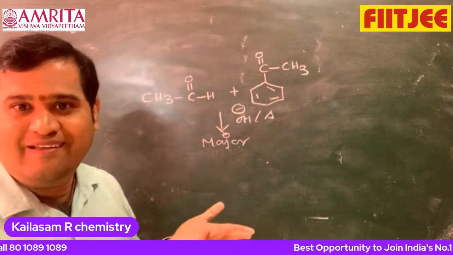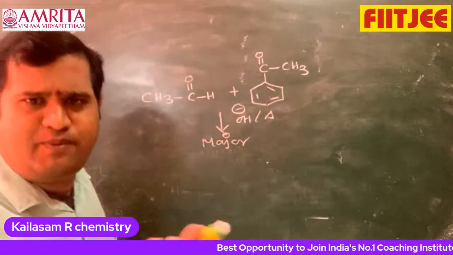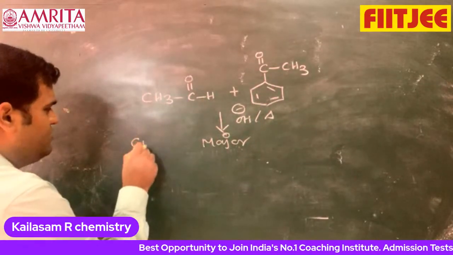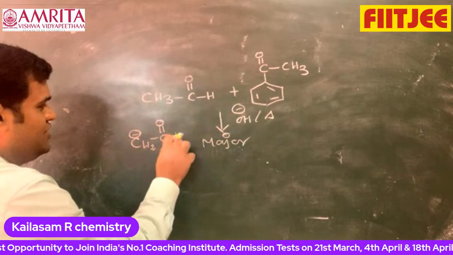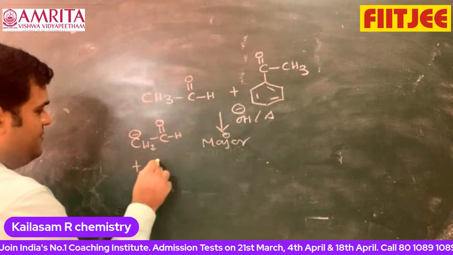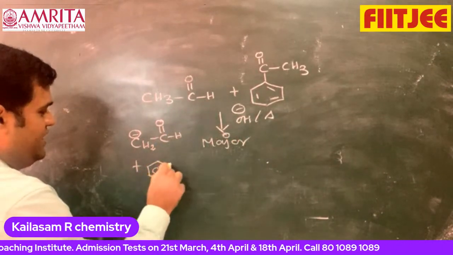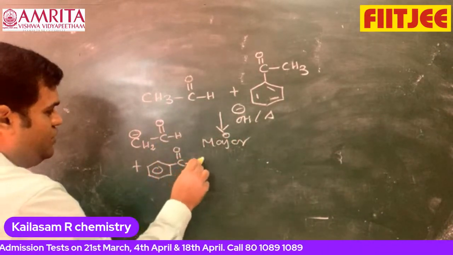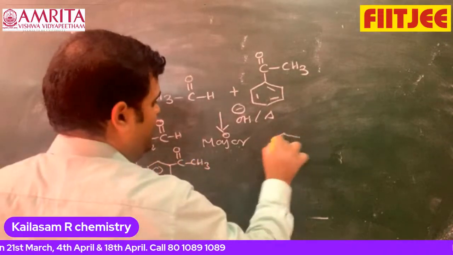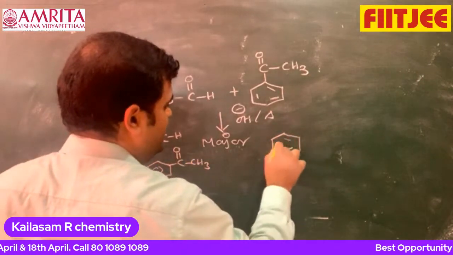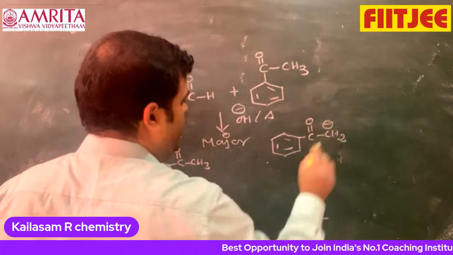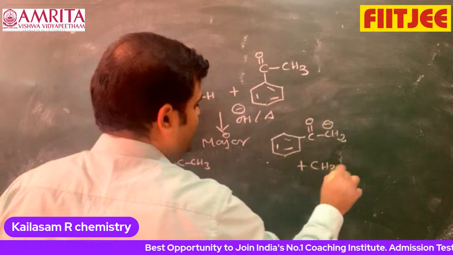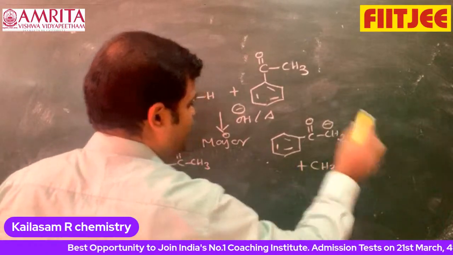That's all. First I'll explain the easy way. Look at this. Obviously CH2 minus, or we can say C double bond OH, is one possibility. Or I'll take this as another possibility: C double bond O CH2 minus, the stable enolate, plus CH3 C double bond OH.